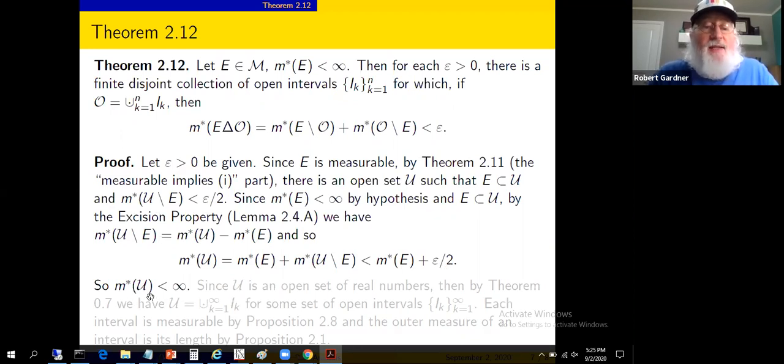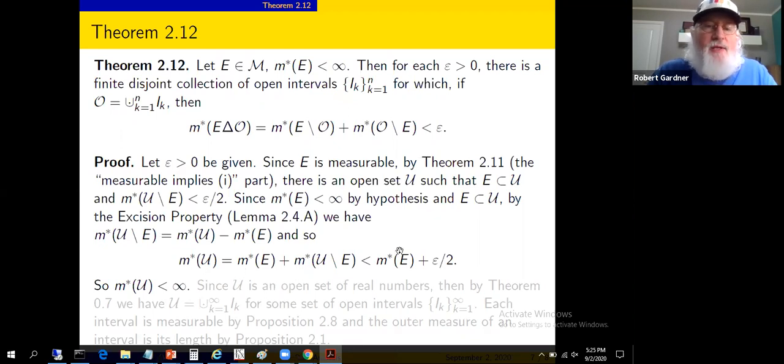We need the fact that the outer measure of U is finite, for reasons to be made apparent on the next slide. Outer measure of E is finite. You add epsilon over 2 to it, you've still got something finite. So indeed, the outer measure of U is finite.